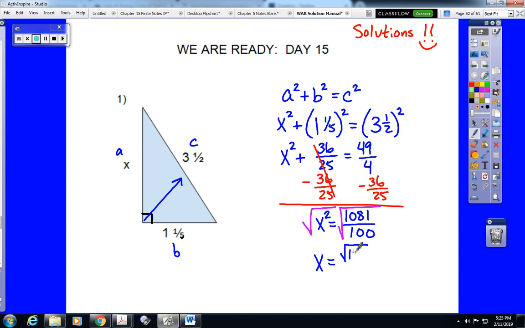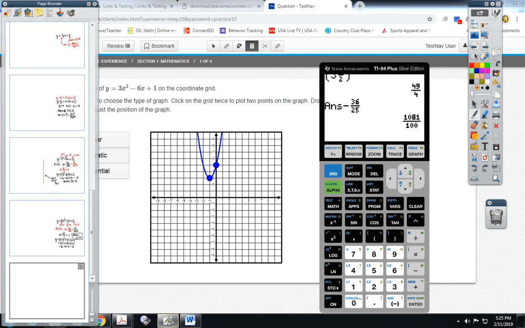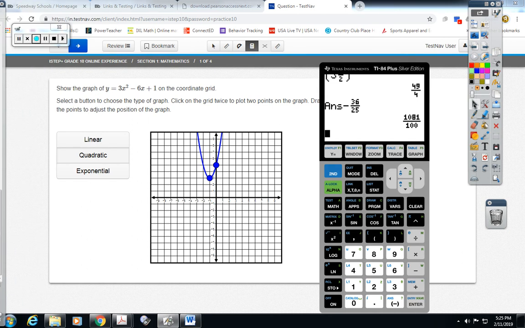It's not going to like it because 1081 doesn't have a perfect square root. So if you try to take the square root of that, which you absolutely can try, what we're going to do there is we're going to hit second x squared to get the square root, and then second minus to input the last answer. When you hit enter, it's going to give you a decimal approximation, which is probably fine.